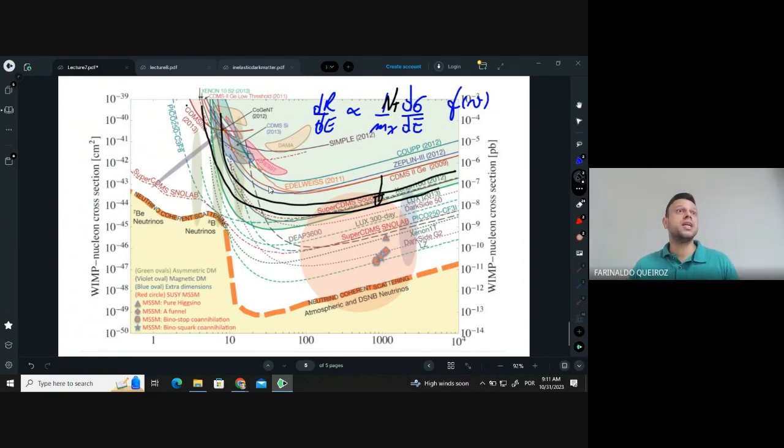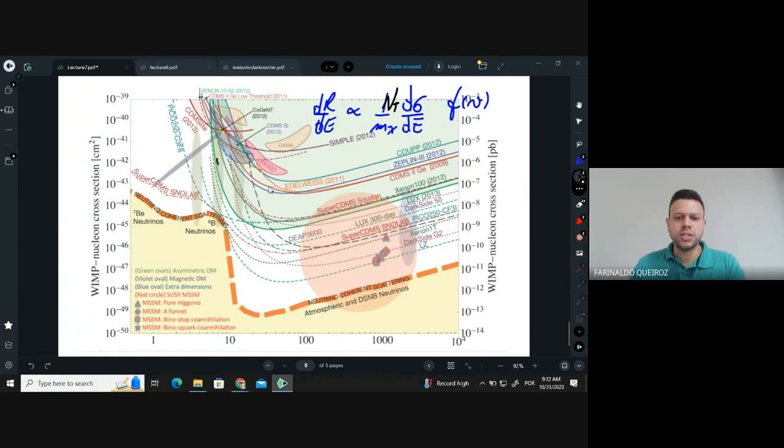As you reduce the energy threshold, you can cover smaller masses. Remember, this energy threshold dictates the smallest mass you can probe in a given signal. So that's the way you can move downwards or to the left, and it has to do with the energy threshold and the fiducial volume of your detector.